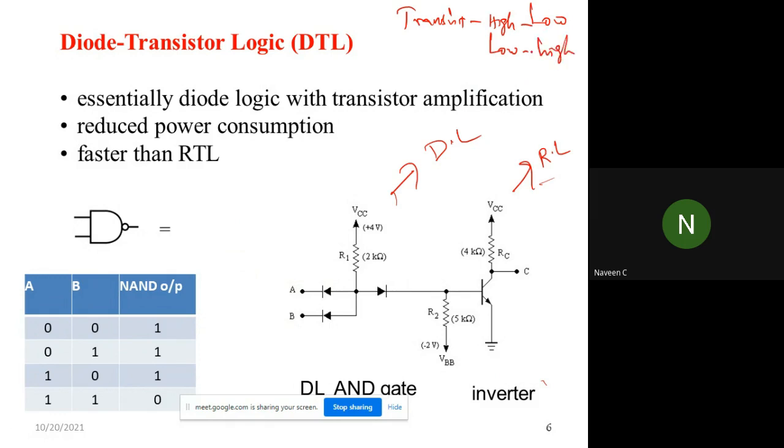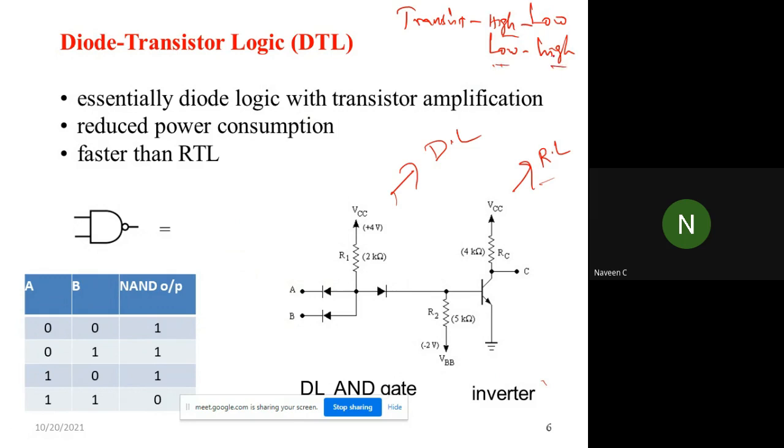So this indicates which gate? It's a NOT gate, right? Whenever your transistor is conducting, whenever your transistor is in the high state, your output is low, because it got grounded. Similarly, whenever your transistor is not conducting, automatically your output became high.